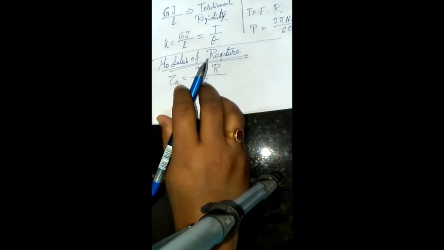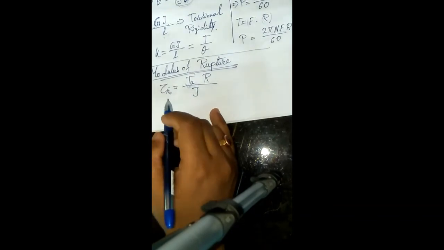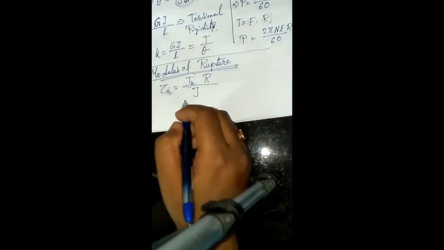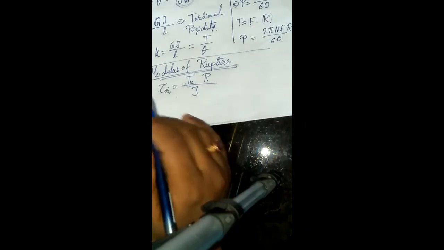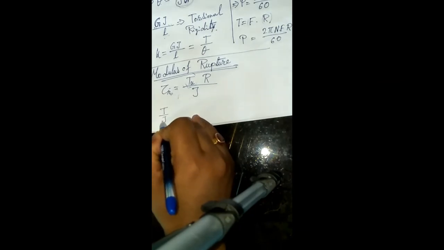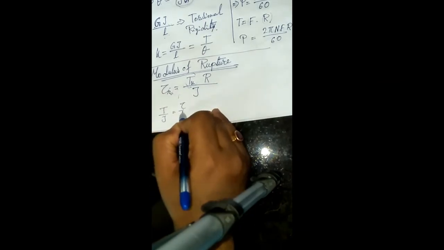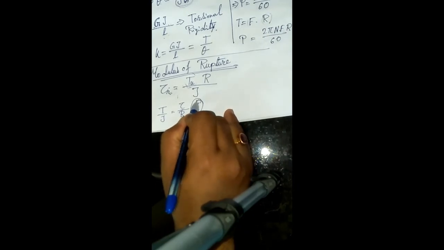This value, tau R, gives the fictitious value of shear stress at the ultimate torque.